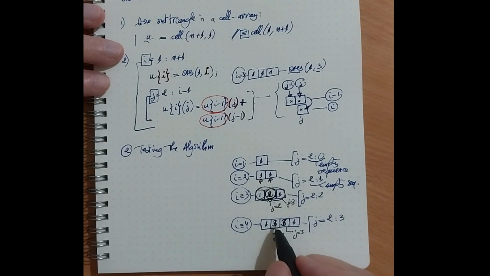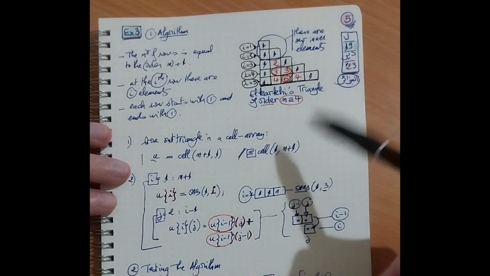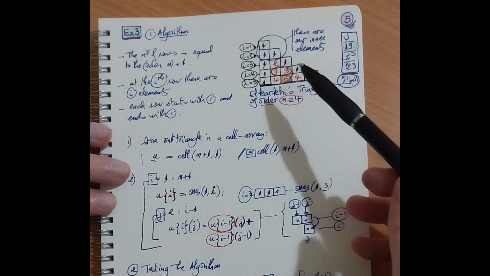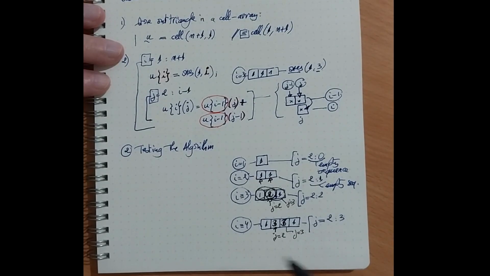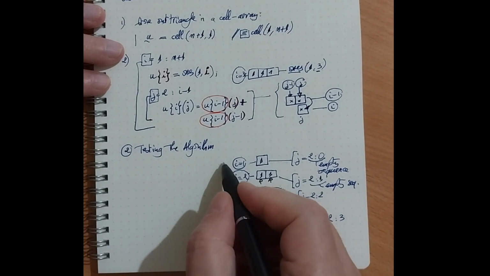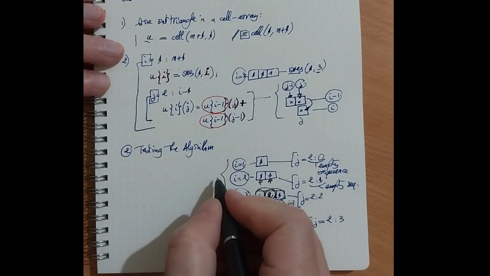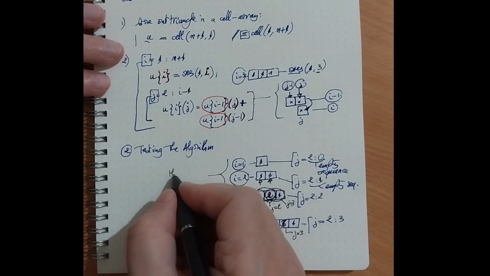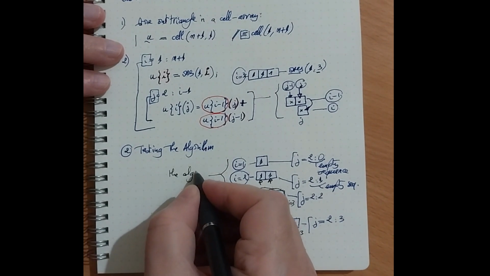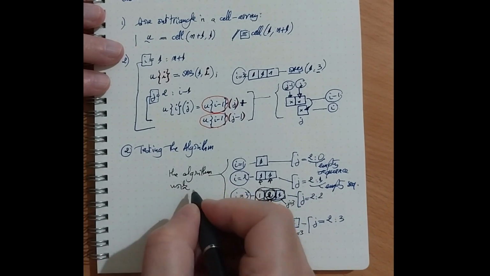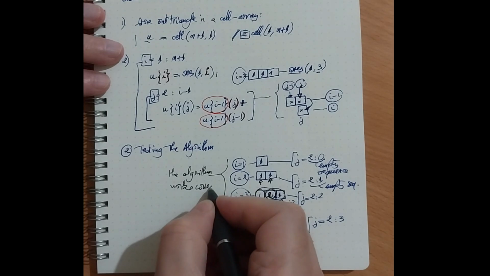So now we have 1, 3, 3, 1, exactly as in the figure. And we continue, i equals 5, i equals 6, and so on. So I think it's enough to show that the algorithm works correctly.